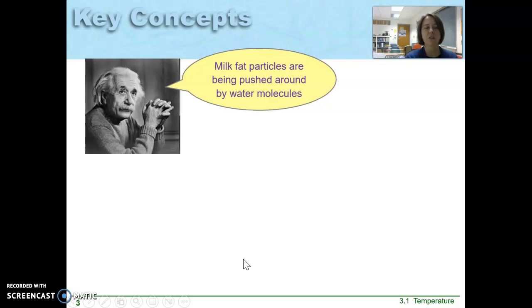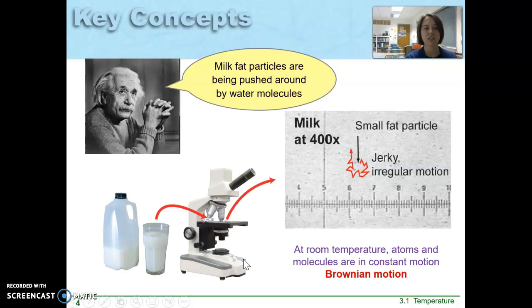So starting out with Mr. Einstein. He has this random question about why milk fat particles are being pushed around by water molecules. He was a very curious, inquisitive guy, a little awkward, a little eccentric, I guess.